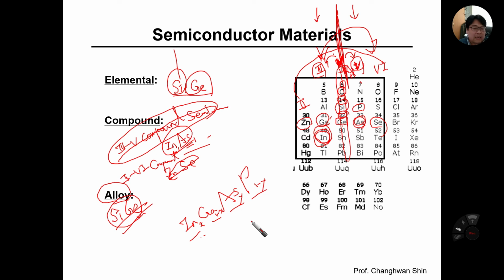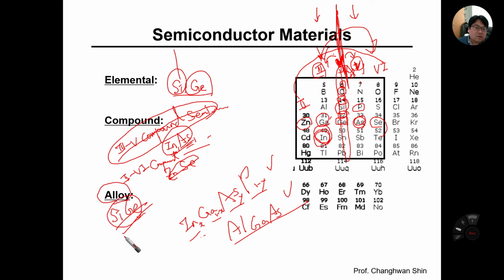And another one is aluminum gallium arsenide. These two types are widely used for optoelectronics.